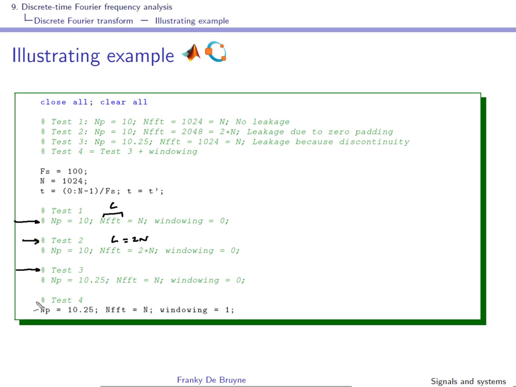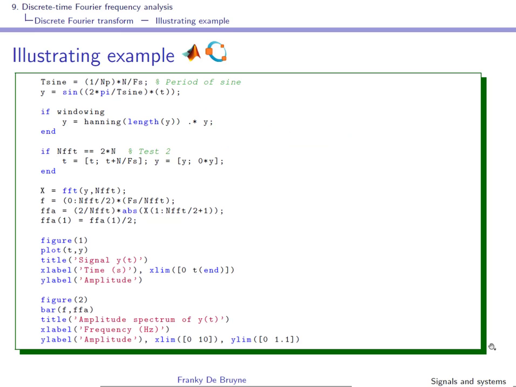And test number 4 is exactly the same test as test number 3, but in test number 3 we do not do any windowing, and in test number 4 we'll do windowing to attenuate the effects of the spectral leakage. This is the rest of the code. This is the generation of the amplitude 1 sinusoid with a frequency approximately 1 Hertz. Here is the code to generate the amplitude spectrum as discussed before.